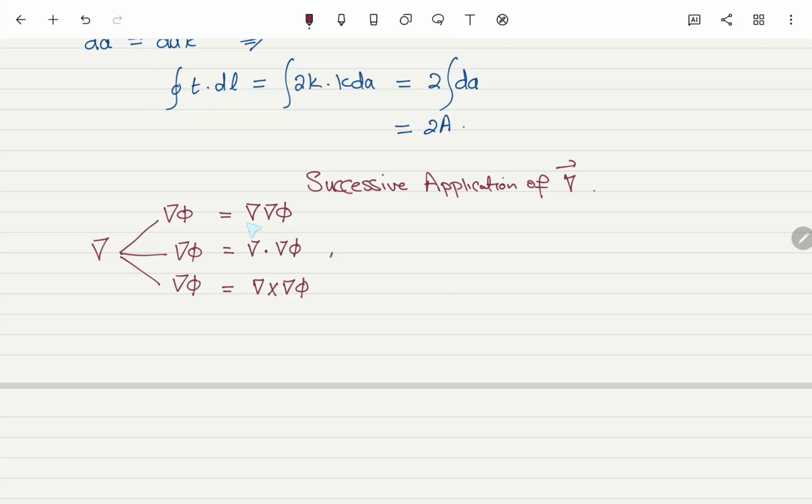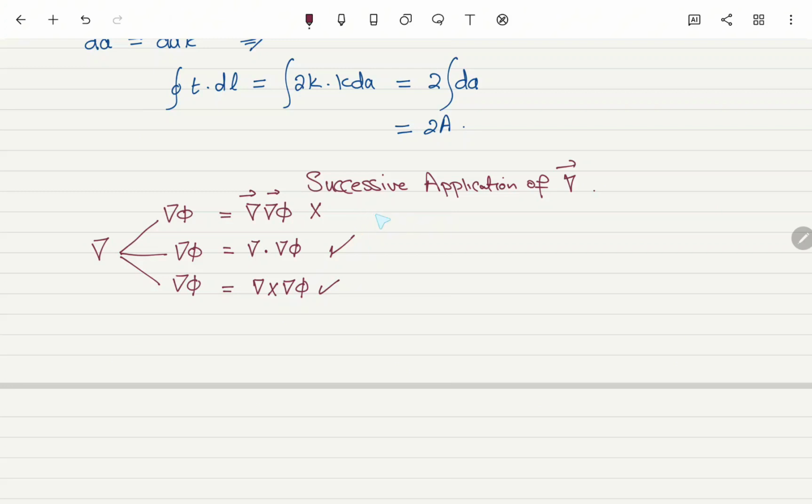Now, in the first one, this is a vector and this is another vector. A vector cannot be applied on a vector like this, so this is not possible. A vector can be applied on another vector with a dot, and this is all right, no problem with that. And a vector can be applied on another vector with a cross product. Again, no problem with that.